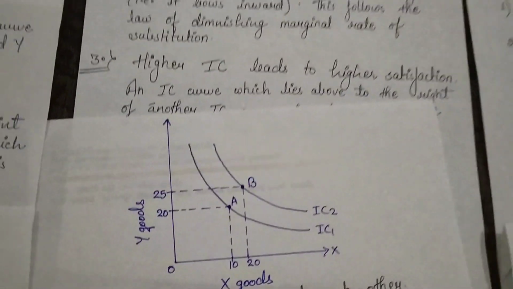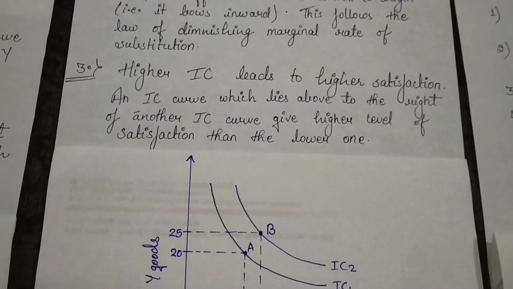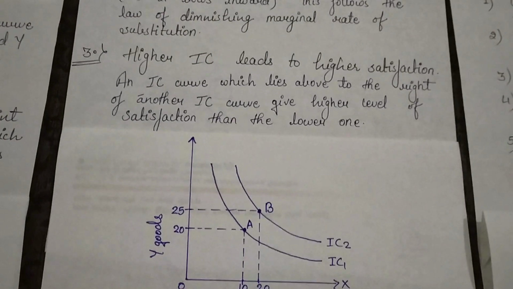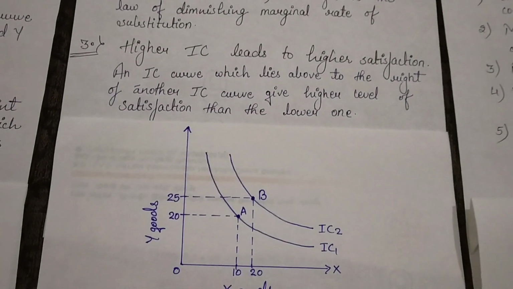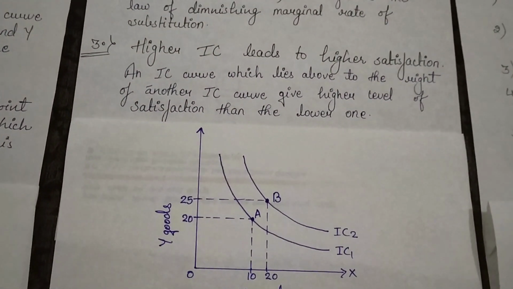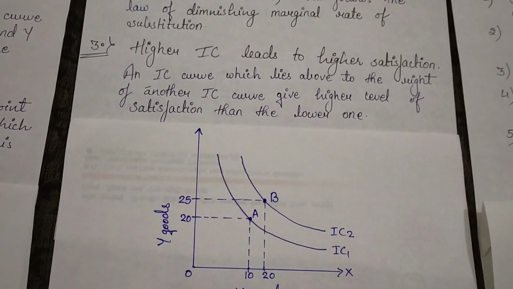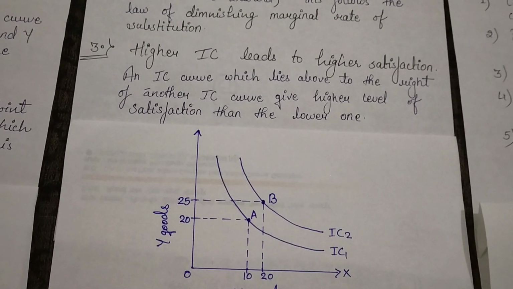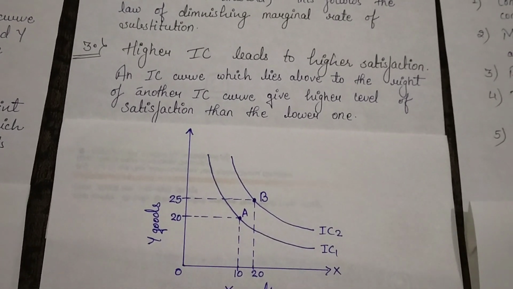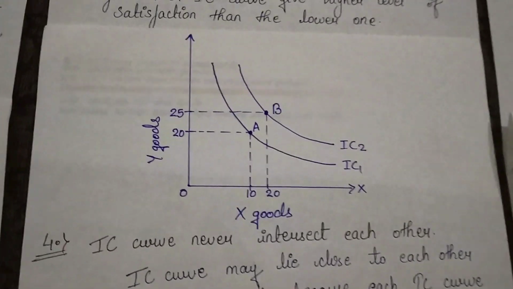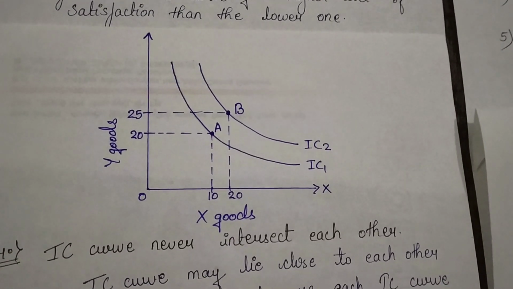Okay, so now the next property is that a higher IC leads to higher satisfaction. An indifference curve which lies above and to the right of another IC gives a higher level of satisfaction than the lower one. Look here in the diagram, IC1 and IC2.